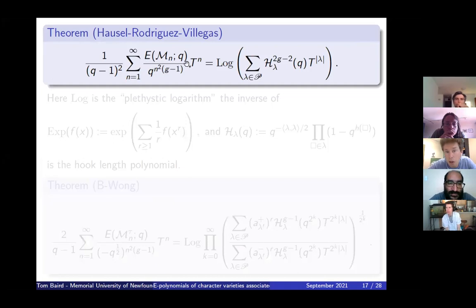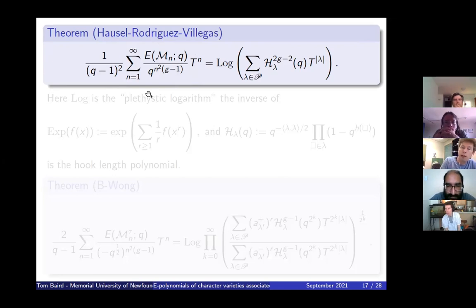They take the e-polynomials of these character varieties using q instead of x times y, just for simplicity. And you take the sum over all of the e-polynomials for all ranks, starting with rank 1 up to rank infinity, and then you have a variable t to the n, which keeps track of the rank, and then you have some little correction factors hanging around.